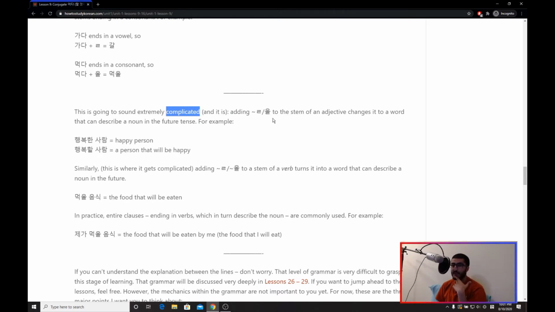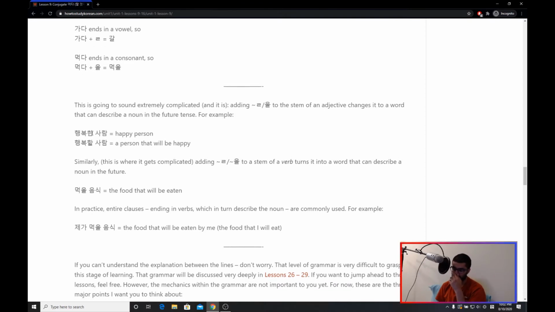So adding ㄹ/을 to the stem of an adjective changes it to a word that can describe a noun in the future tense. Meaning, we learned how to do this in the past tense. So when we had 행복하다 and we wanted to use it as an adjective, like in lesson 5, we learned how to add ㄴ or 은 to the verb stem.